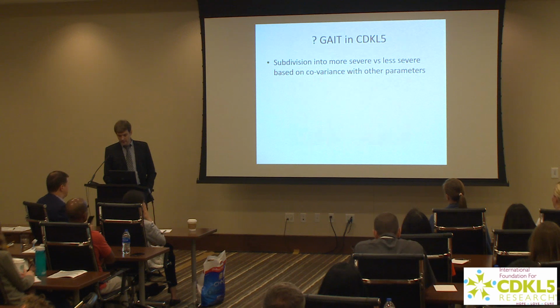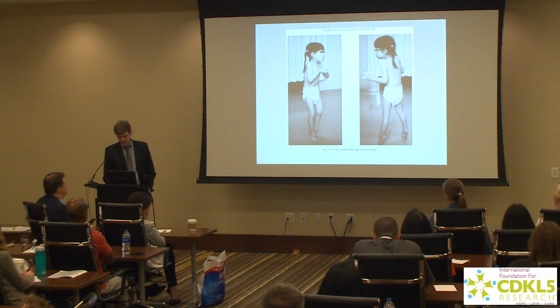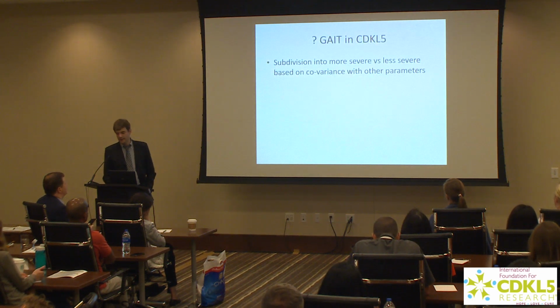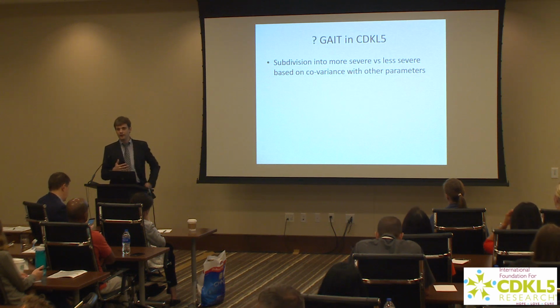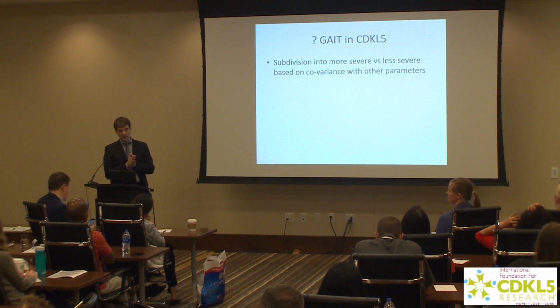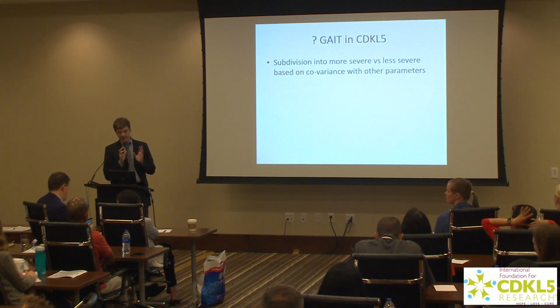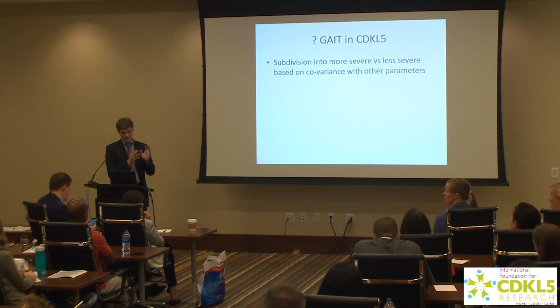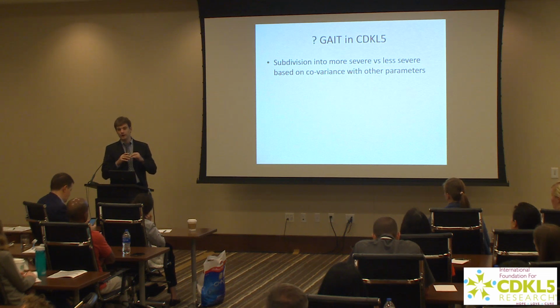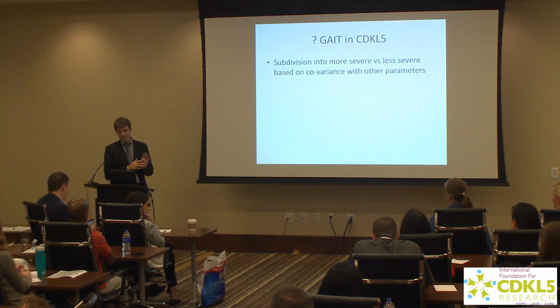And I think it behooves us, though, to look into that in the future, because, as I mentioned before, there seems to be a real dichotomy. In Rett, when you looked at ambulation, you could really see a parallel to the overall severity of the disease state with the severity of the gait being affected.